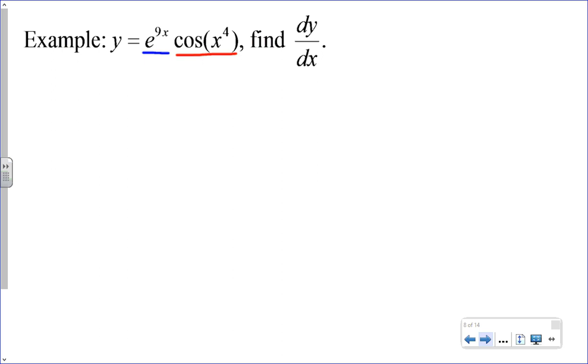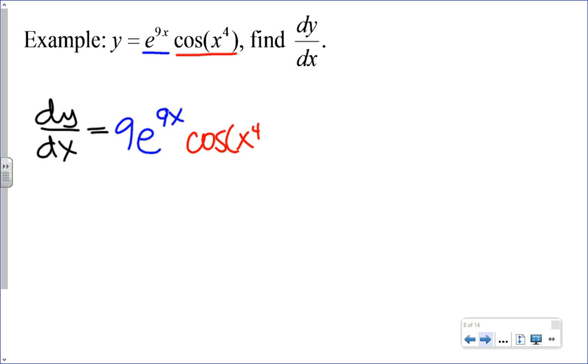So our derivative, dy dx: the derivative of the first function, since it is e to the 9x, is e to the 9x times 9. Our second function stays the same, and then plus our first function times the derivative of the second function.